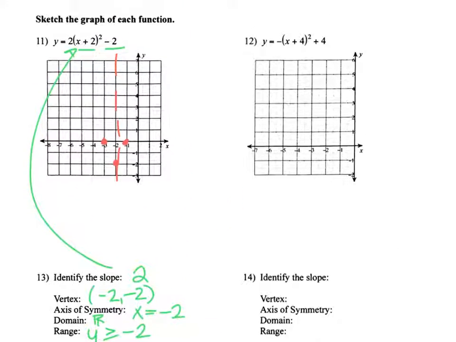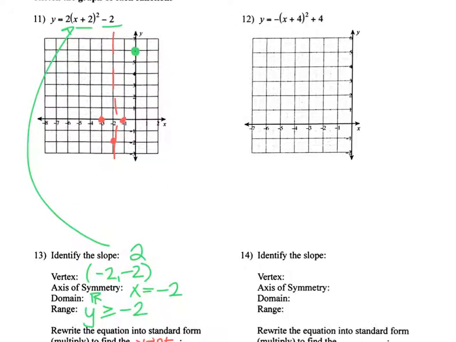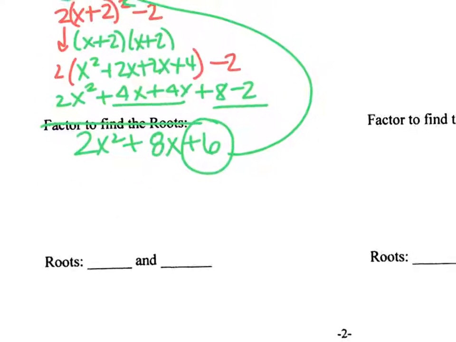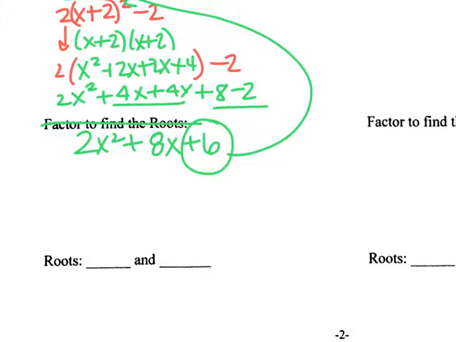So I'm going to go ahead and move back to my graph up here and plot a point 6 on the y-axis. And the last thing I have to do is find my roots. So to do that, we have to factor. And remember, to factor, we have to take a GCF out first. All right, my GCF is 2, which leaves me with x squared plus 4x plus 3 equals 0.